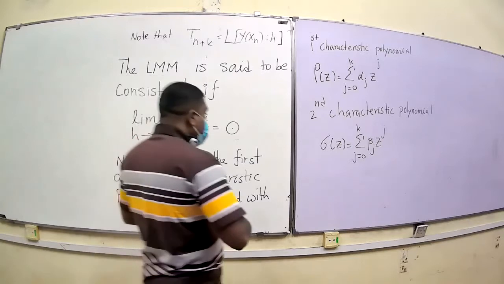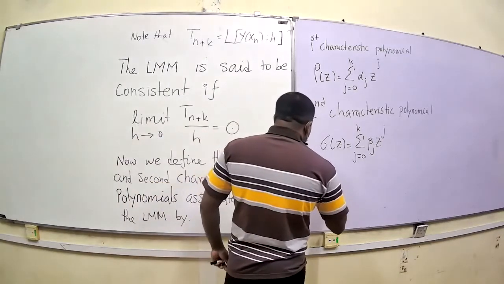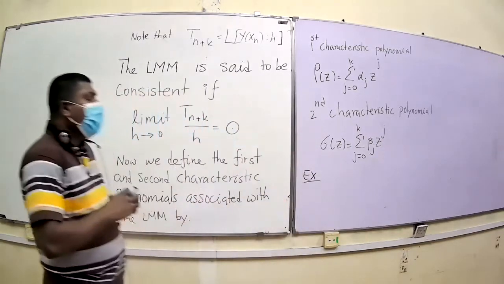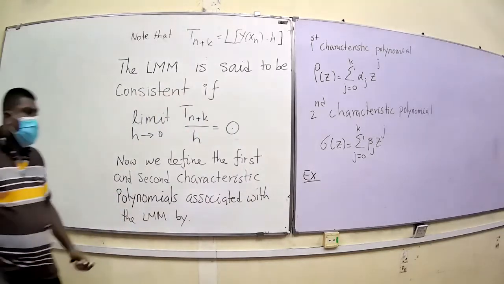Let us see an example of this first. To derive or define a characteristic polynomial, you should have a linear multi-step method.